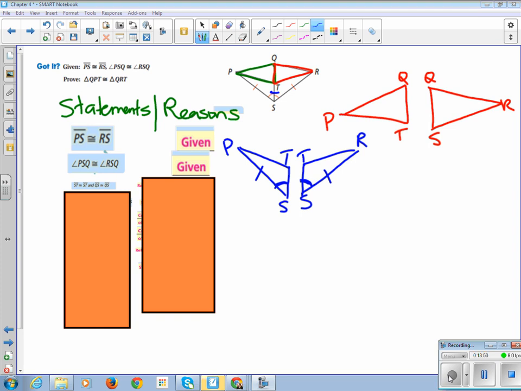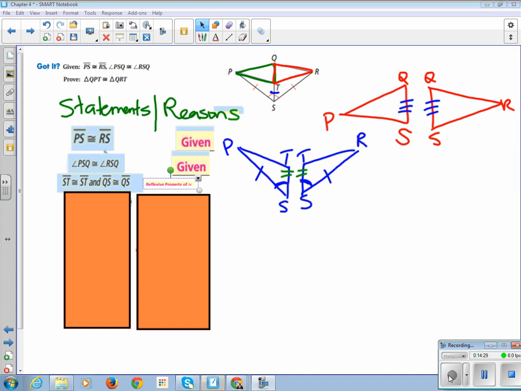And then we've just said that ST is congruent to ST. And that QS, did you guys see I'm changing that to the S because I mislabeled that? And that QS is congruent to QS. When we have a statement that kind of mirrors itself over the congruence sign, what is usually the reason for that? Yes, reflexive property.